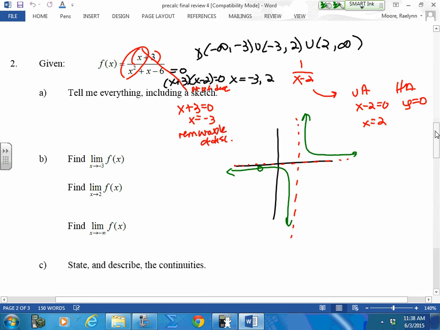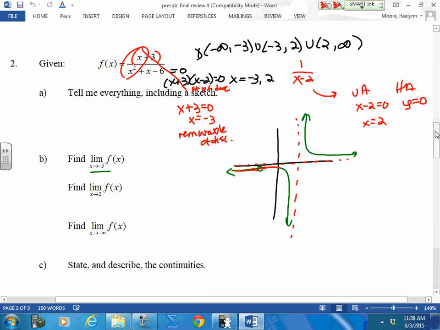So now let's relate this for a second to your limits. As x approaches negative 3, I'm approaching negative 3 from both sides. Will I approach the same point? Yes. So all I need to do is find this point.